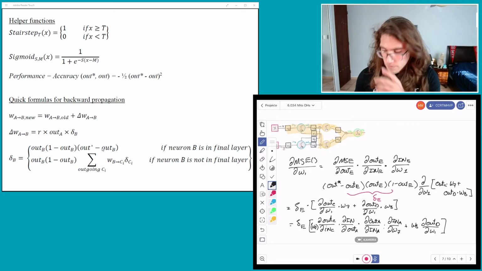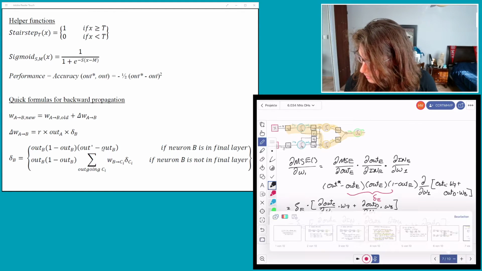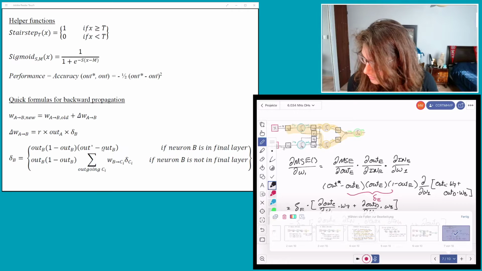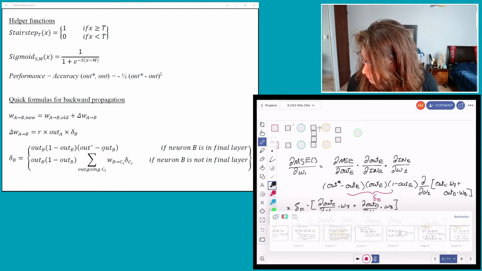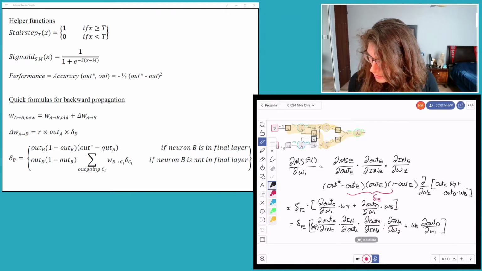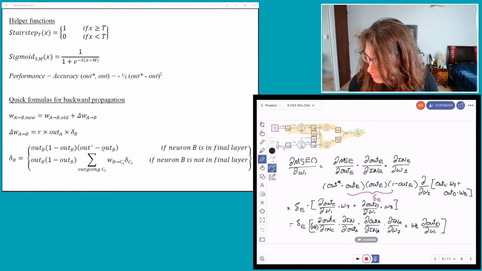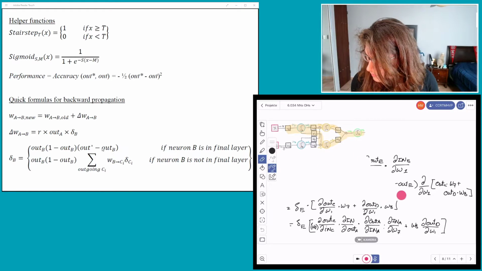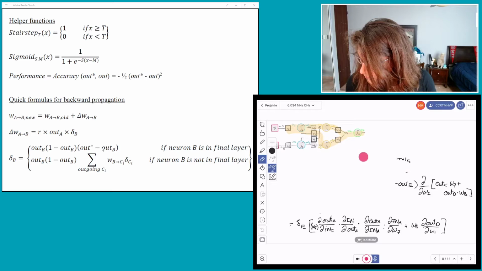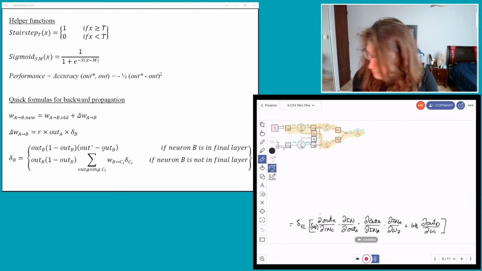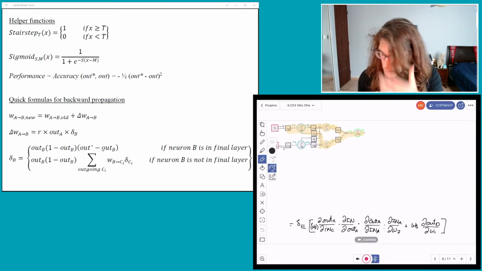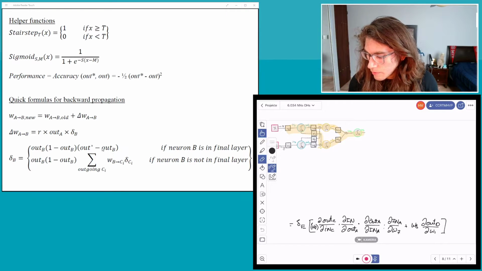the first half. So allow me to duplicate the slide so that I don't lose that bit of information. I'm going to erase the top here. Let me move this.